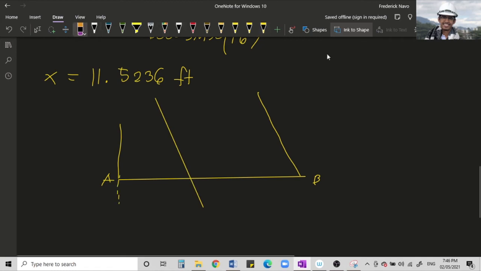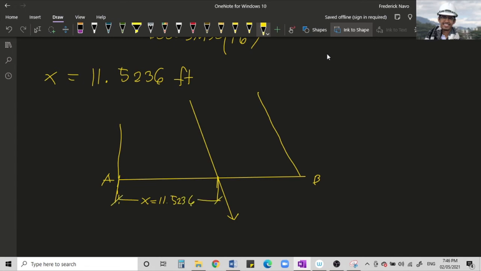So, para mas ma-imagine niyo, nandito banda yung ating x. Okay? So, yung x natin dito will be 11.5236. So, ito yung distance niya from point A. So, yung location ng resultant natin is 11.5236 feet from point A.